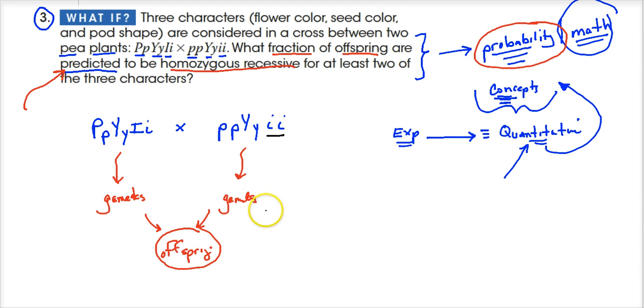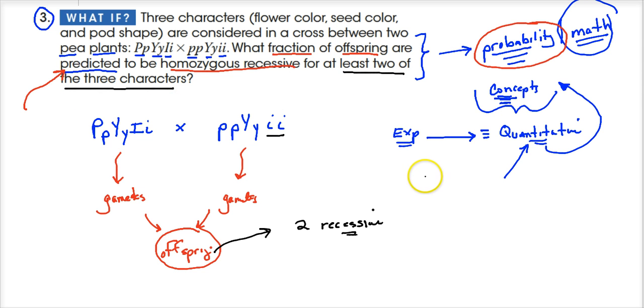And what combinations and what fraction of the offspring are going to have at least 2 recessive traits revealed phenotypically, meaning who's going to be homozygous recessive. Now, when they say at least 2, that's an important understanding here: that means you can have 3 recessive, you can have little p, little y, little i, but you can't just have 1. You have to have at least 2 or 3.